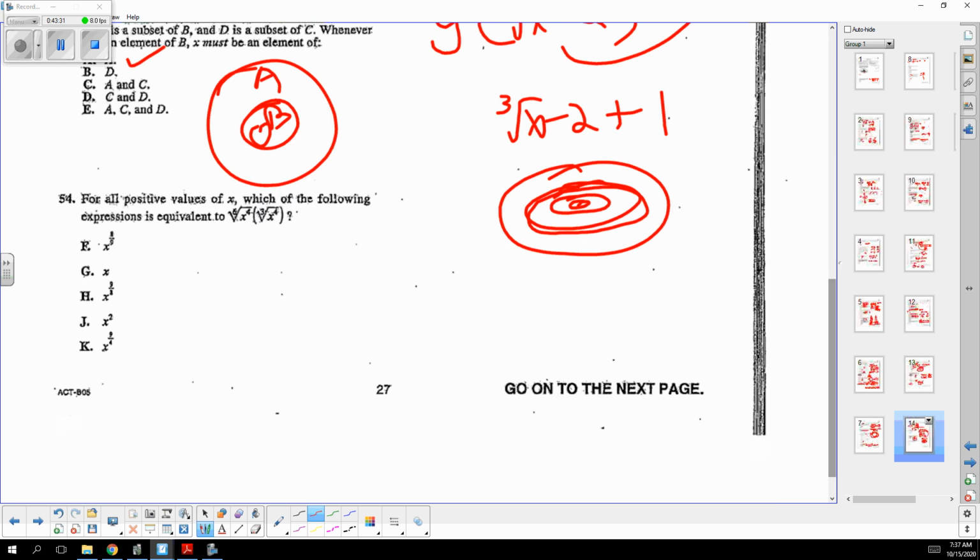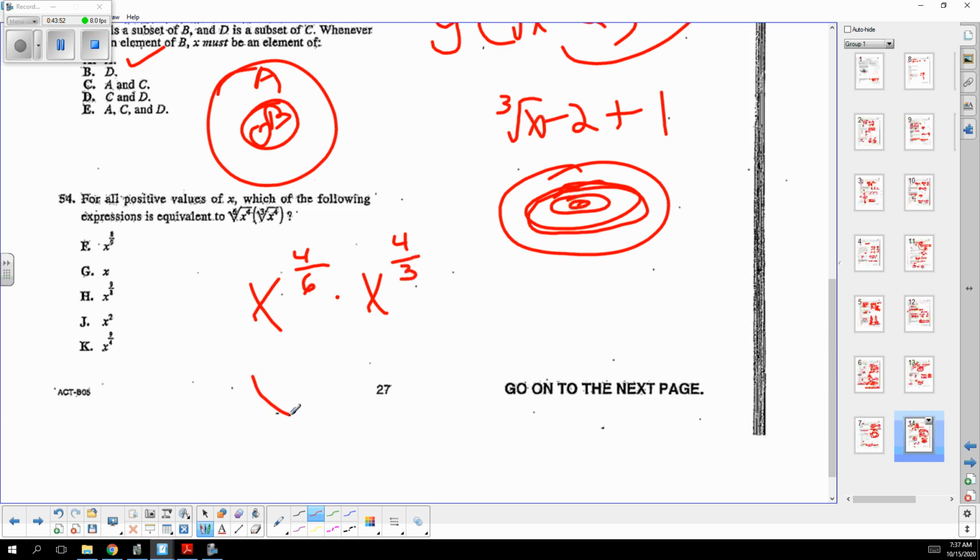It's probably hard to read, that's x to the, I think that's 6th root, so it's 4/6 times x to the 4/3.